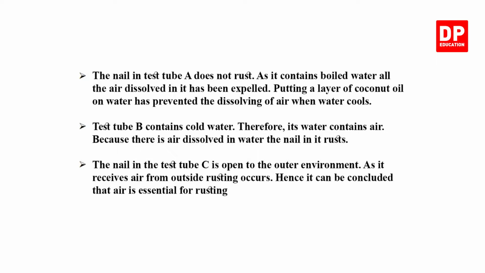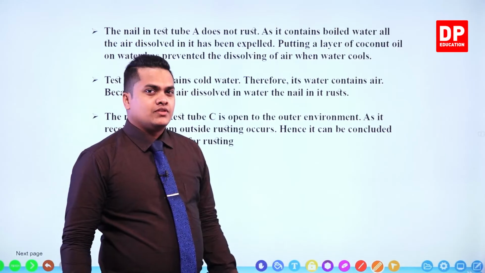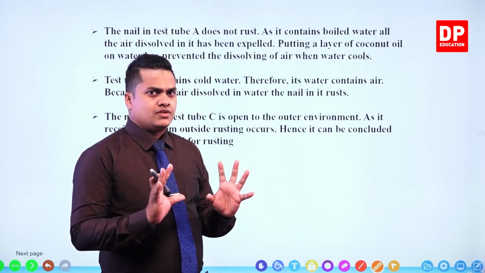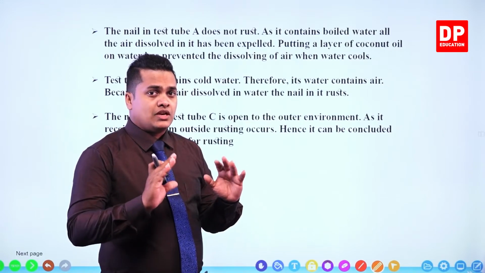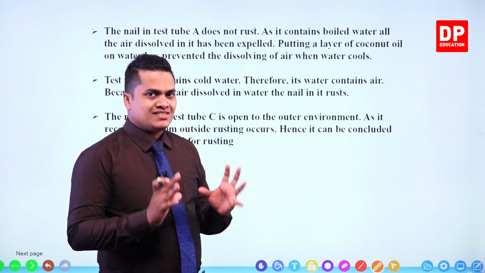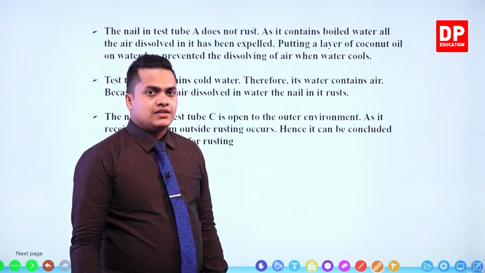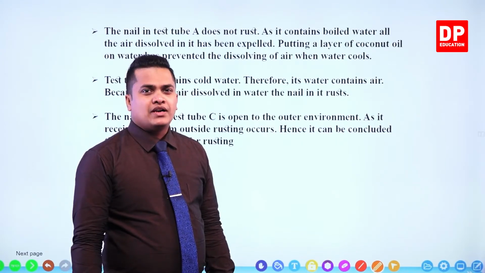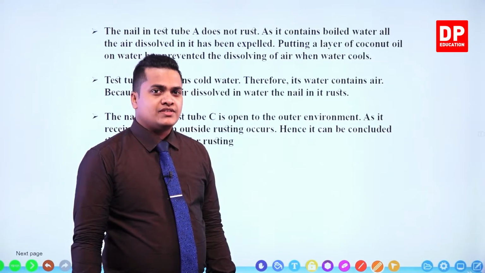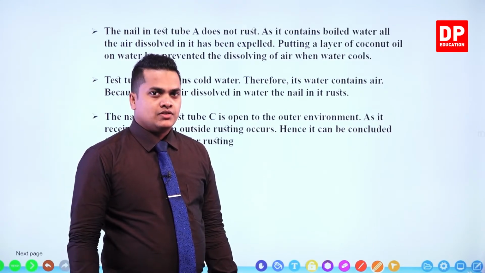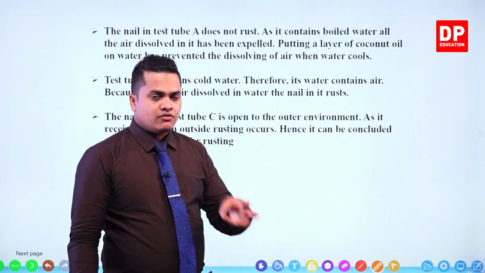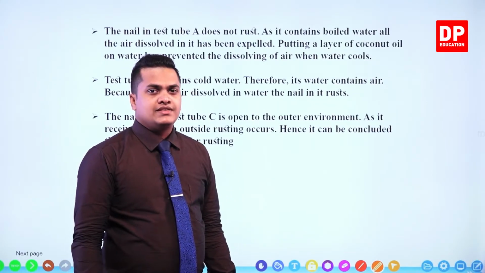Because there is air dissolved in the water, the iron nail is going to rust. Some amount of rust can be observed, not to a large extent, as there are fewer air particles within the system, and air is not entering the system because of that coconut oil layer. So there is some amount of air, therefore some amount of rust can be observed in setup B.